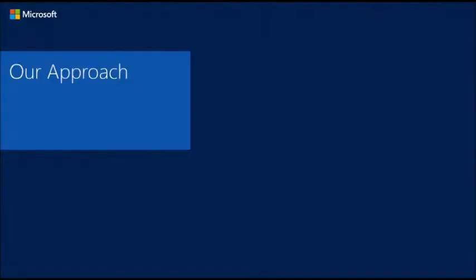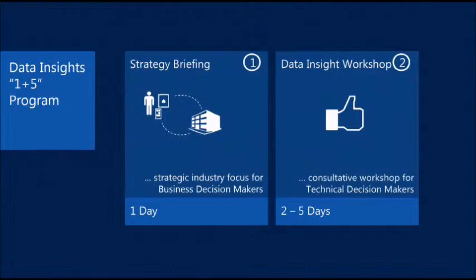So let's talk a little bit about how services, and I don't mean the services like what Roger was talking about, the services as in helping you deliver on some of these engagements. How do we do this? So, a very predictable approach, recognizing what your needs are from a business decision maker perspective.